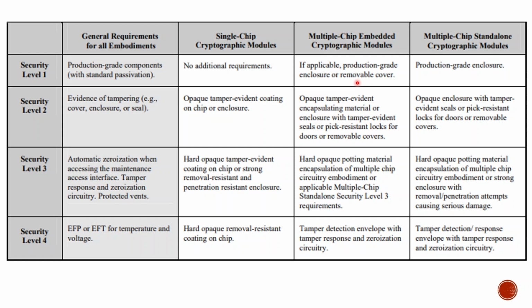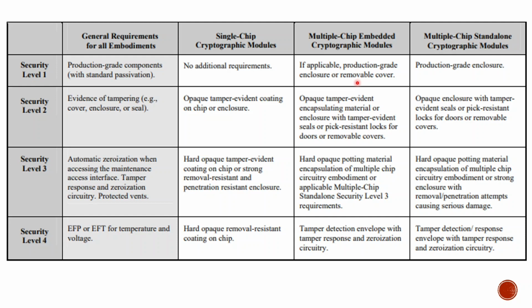At security level 3, there are several options. Even here, the entire circuitry can be covered within the hard opaque potting material, or the module can adhere to the stricter physical security requirements defined for security level 3 in the section for multi-chip standalone cryptographic modules also.